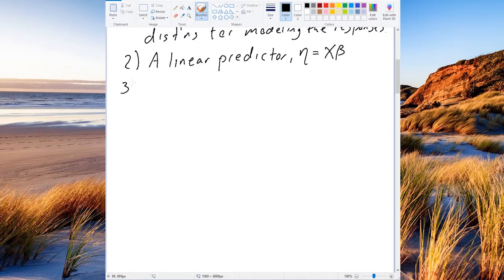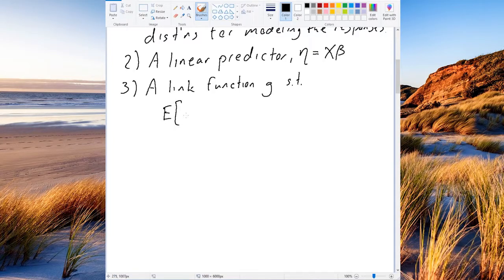Element number 3, well, we've talked about what y looks like. We've talked about what we're going to do with x. Now we need a way to connect them up. And we do this with something called a link function. I'll call this link function g. This link function g has to have a particular property for this to be a generalized linear model. And that property is the following.